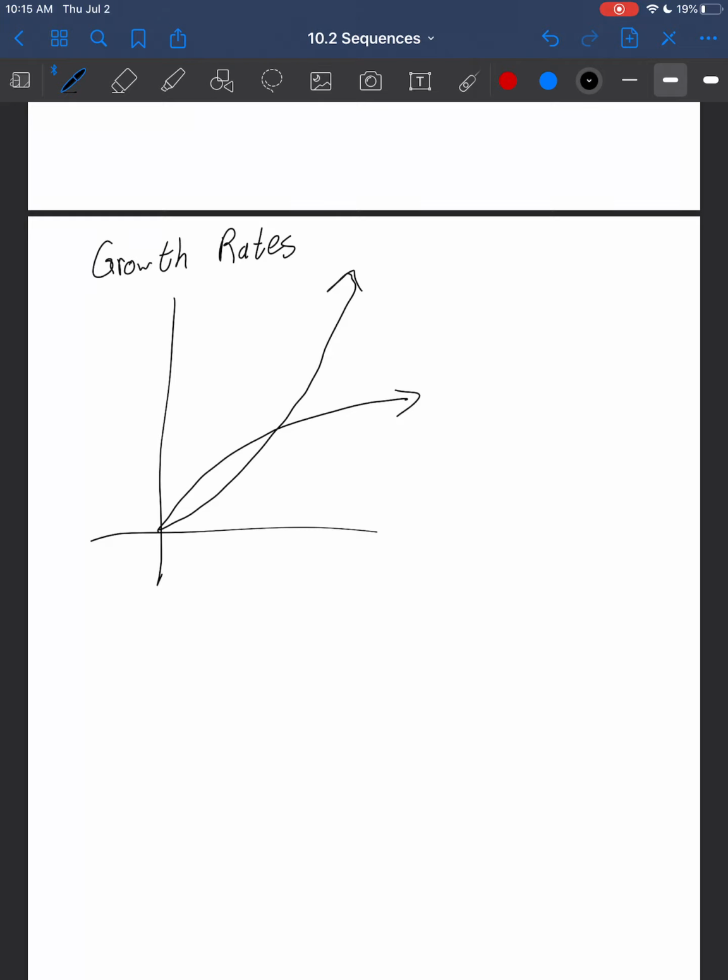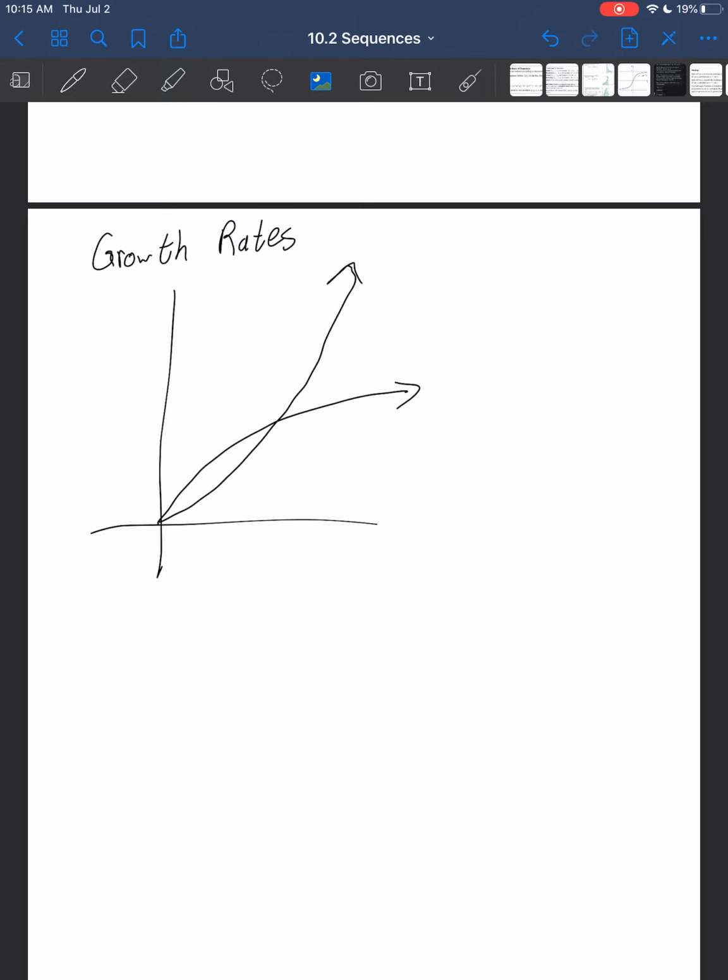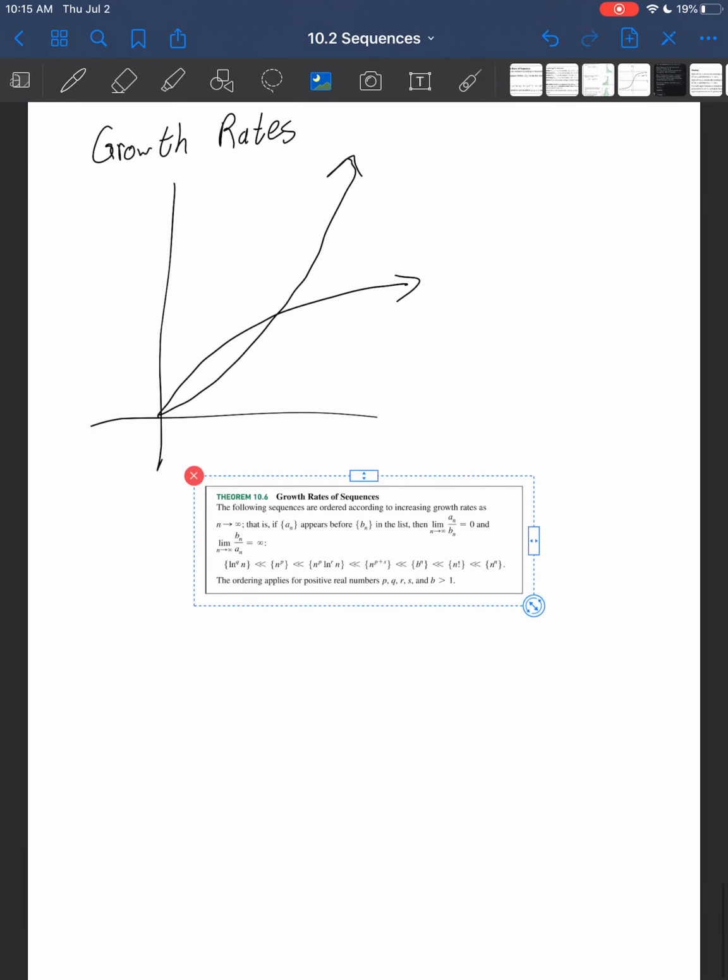So if my sequence looks like n squared over natural log of n, I'm going to go to positive or negative infinity and the limit will not exist. Or if I have natural log over n squared, I have this thing that's relatively small over this thing that's getting really, really big, and so this is actually going to go to 0.